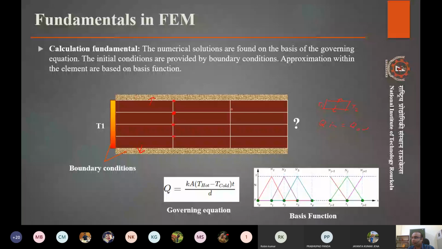So for each of these nodes, we will have certain values based on the governing equation and the boundary condition, because we have been given the initial boundary condition and we have been given the governing equation, right? In this way, from one to other, we can ultimately reach the edge and we can find our desired result. But that's not the whole point, right?